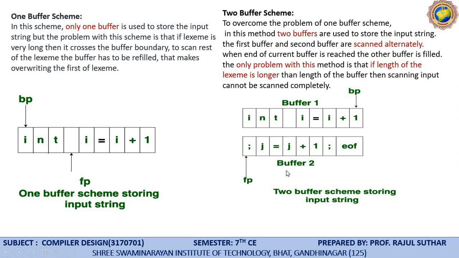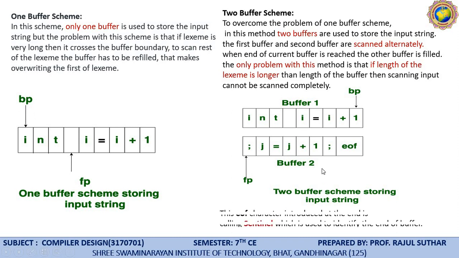So this is the two buffer scheme. EOF is end of file. This EOF character marking the end is called the sentinel. So the two buffer scheme is also called the sentinel scheme, which is used to identify the end of the buffer. Whenever we write EOF, it means the file is complete and the buffer ends here.